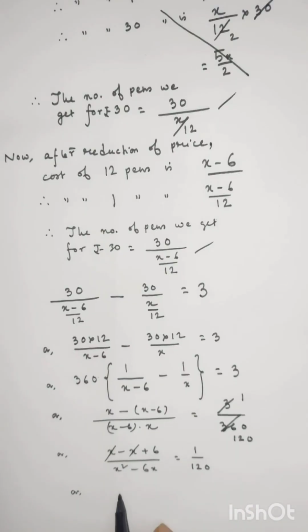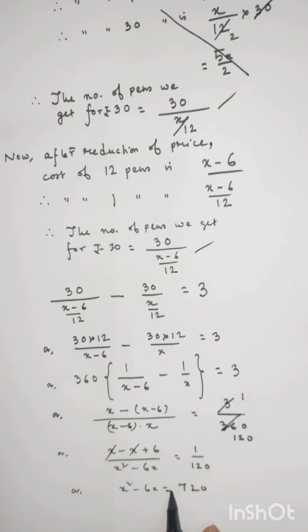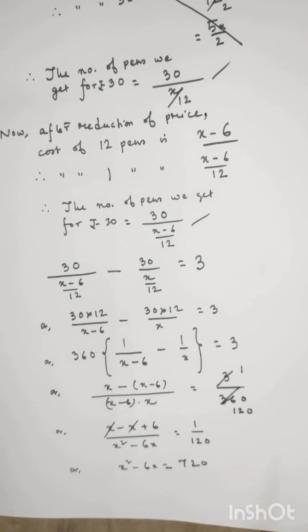If we cross multiply, we get x square minus 6x equal to 720.